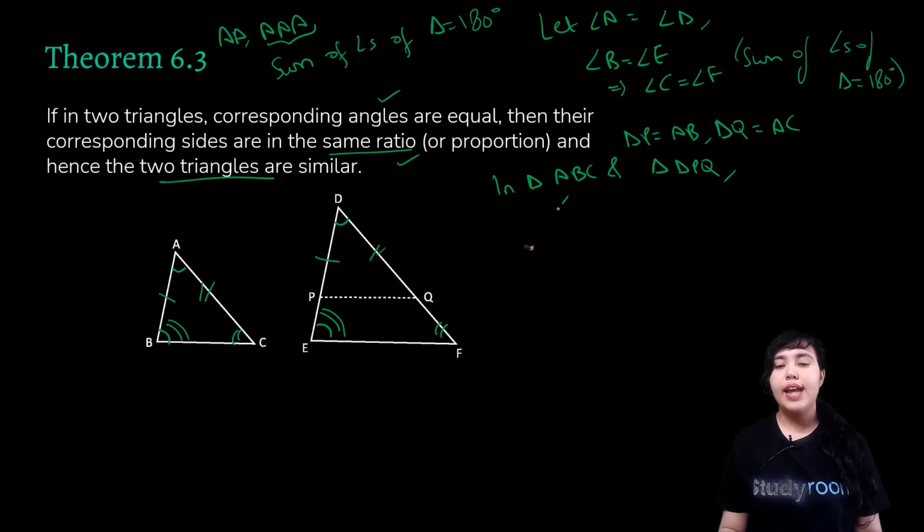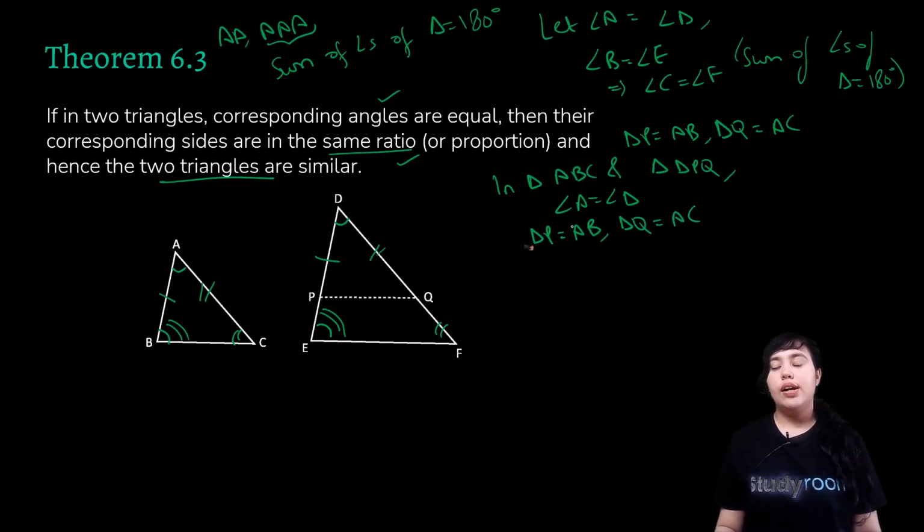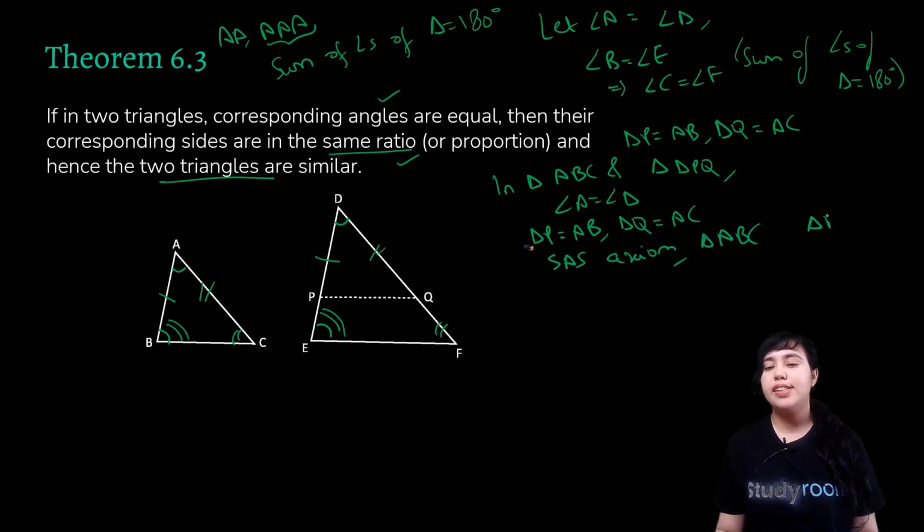Here you see that angle A and angle D are equal. That's what we have taken, right? And here itself we discussed that DP and AB are taken to be equal and DQ and AC are taken to be equal. So if two sides and the angle between those two sides are taken to be equal in a corresponding way, then we can say by SAS axiom, triangle ABC is congruent to triangle DPQ.